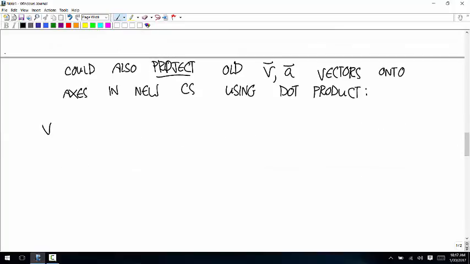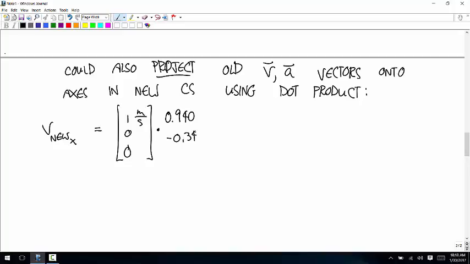So the new velocity vector x component would be 1, 0, 0 dotted with the new x-axis. And you get 0.940.